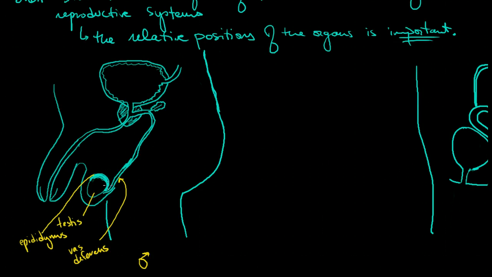So the sperm start in the testes, they mature in the epididymis, they swim with their flagellum up the vas deferens, past the seminal vesicle, which adds sugars into the solution so that the sperm have something to make ATP from.